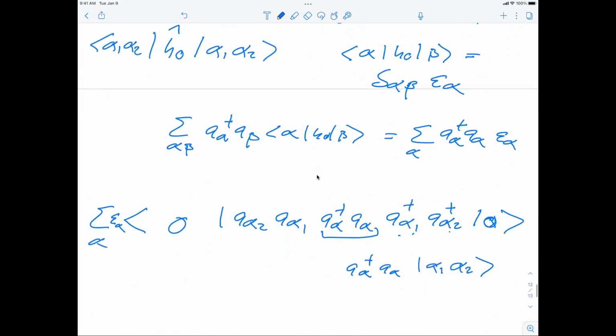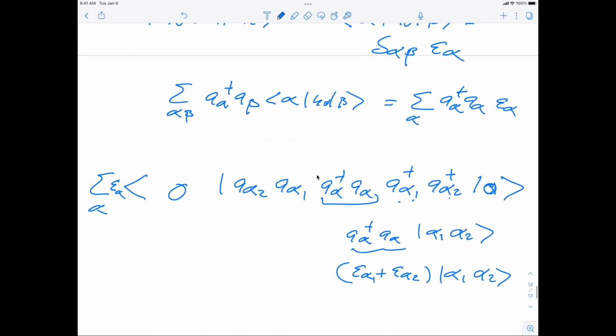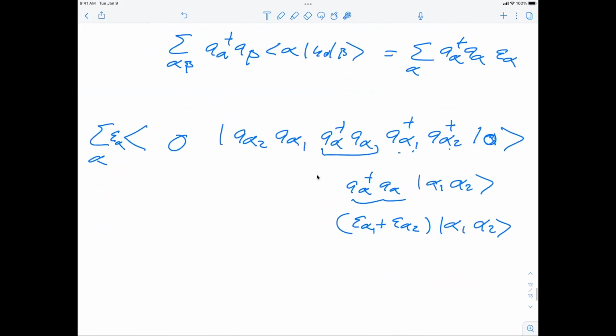So when this acts on that state, we are going to get epsilon alpha 1 plus epsilon alpha 2 multiplied with the state alpha 1, alpha 2. If I had the number operator, I would just have 1 plus 1, and at the end I would have 2 particles. But now, since I have this term, I need to keep track of that one. So this is simply going to be epsilon alpha 1 plus epsilon alpha 2.